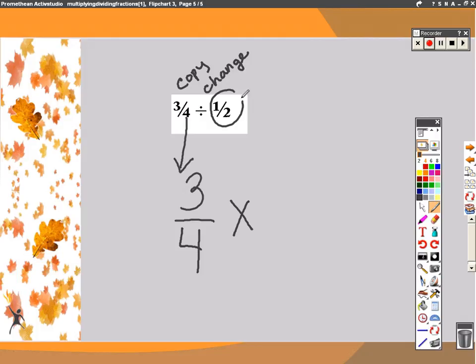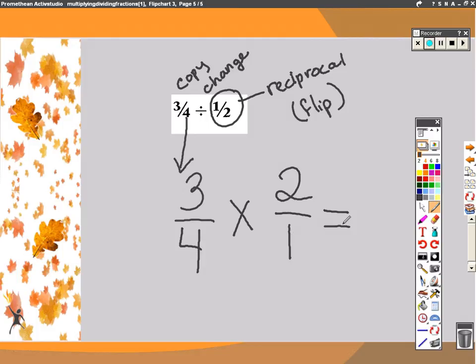And then I'm going to use my reciprocal. And you might have heard your teacher say copy, change, and flip. So my little fraction is going to do a flip. So 1 over 2 becomes, let's flip it, 2 over 1. We're flipping locations. And that becomes 6/4.